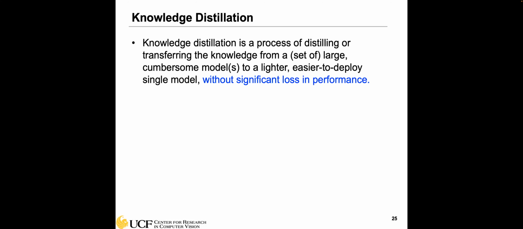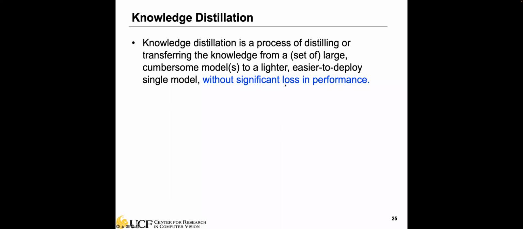Okay, so the next category is knowledge distillation to achieve network efficiency. So knowledge distillation, or KD, is basically a process to transfer some of the knowledge from a large model to a lightweight, easier to deploy single model without significant loss in performance.